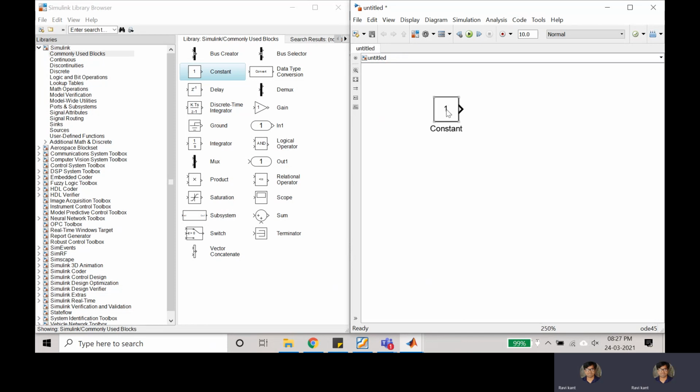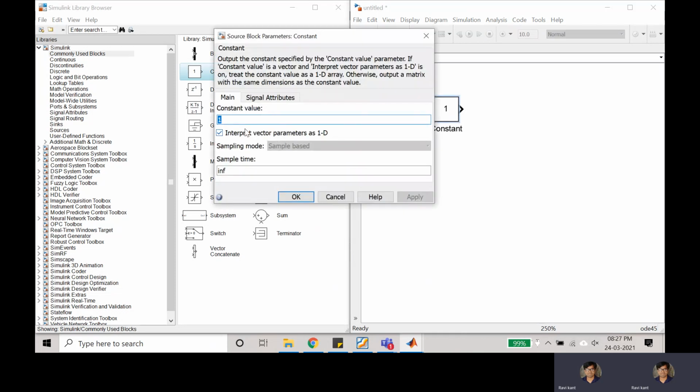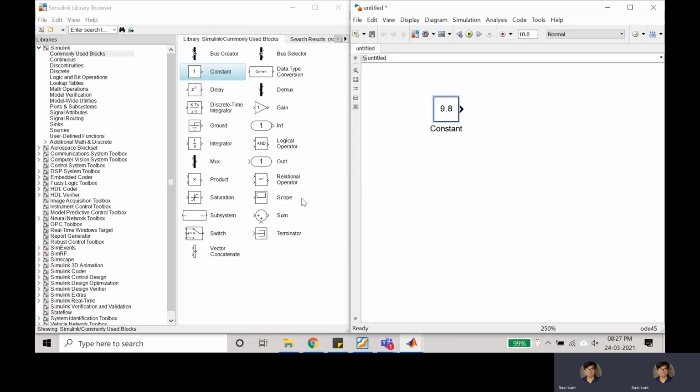So currently the value of the constant is 1. We can double click it and change its value to 9.8. Apply, OK. And it is also customary, and a good practice, to label things. So this is my g over here. So I can write g. This is my g.